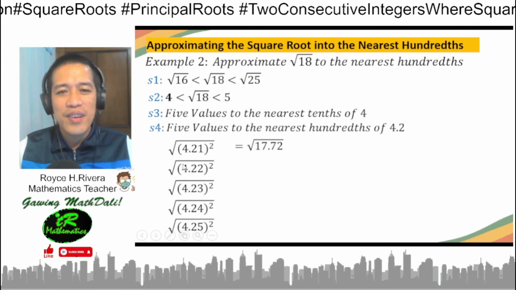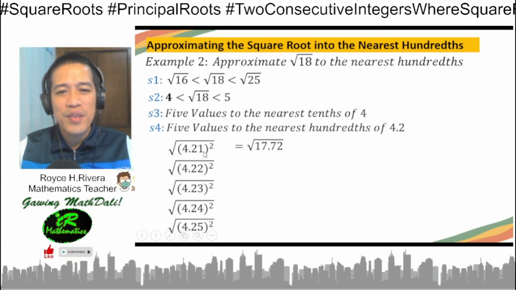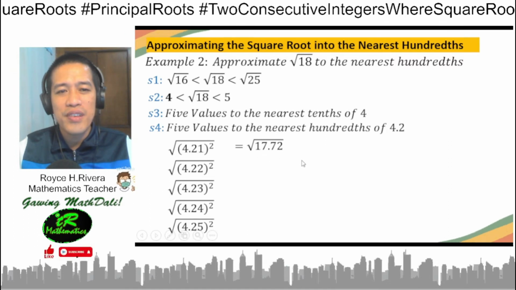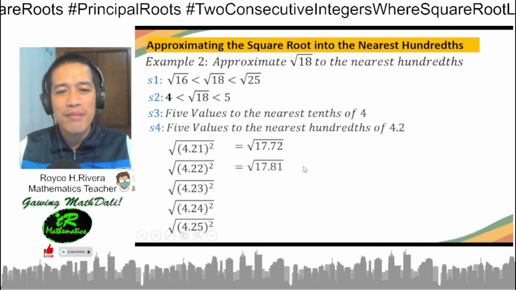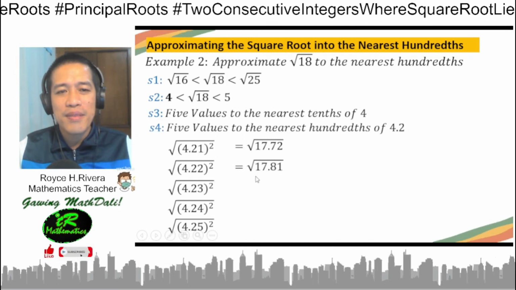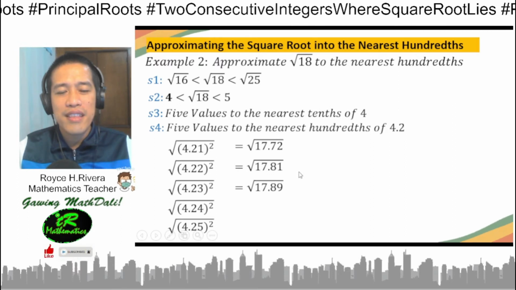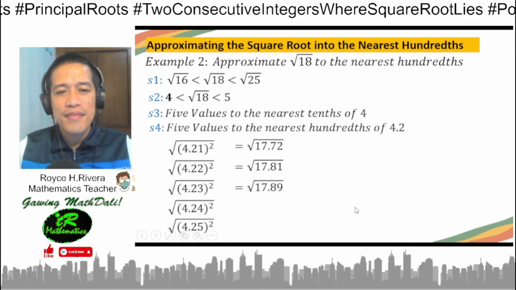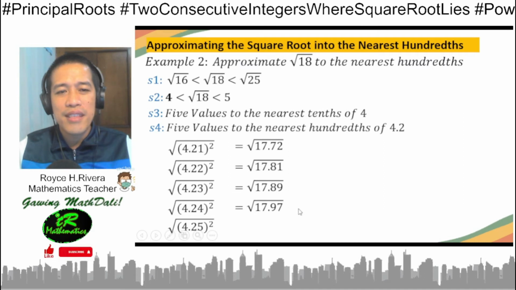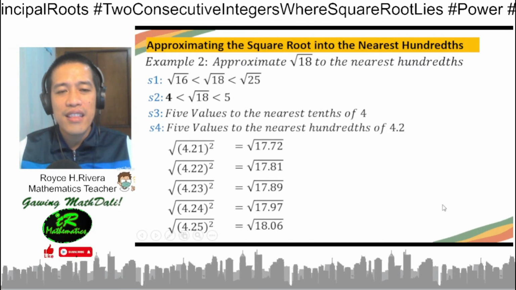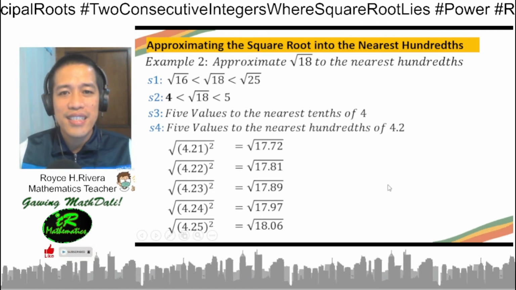The square root of 4.21 quantity squared is the square root of 17.72, and it will be followed by the square root of 17.81, the square root of 17.89, the square root of 17.97, and the square root of 18.06.